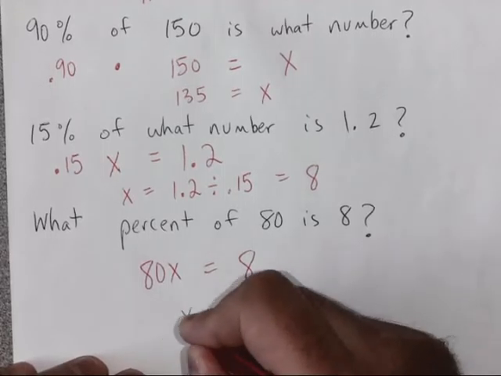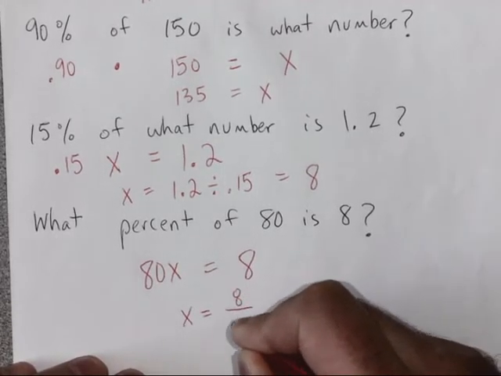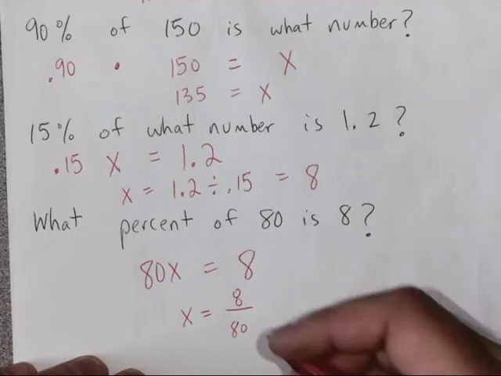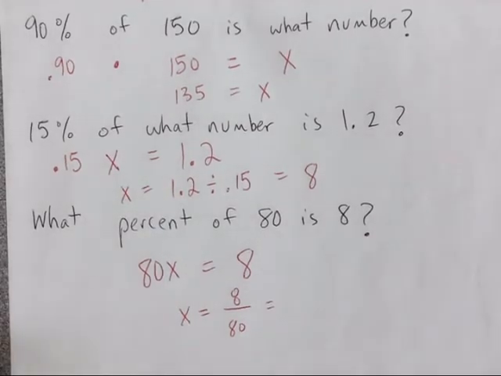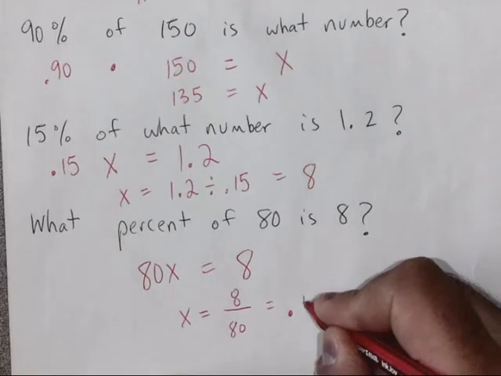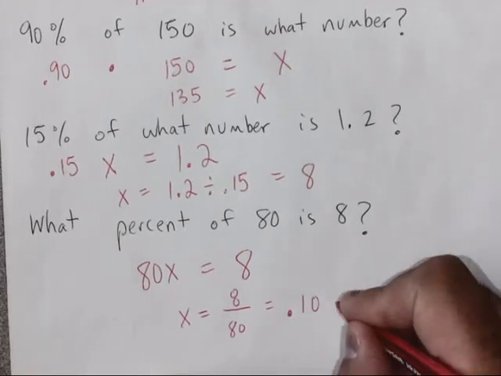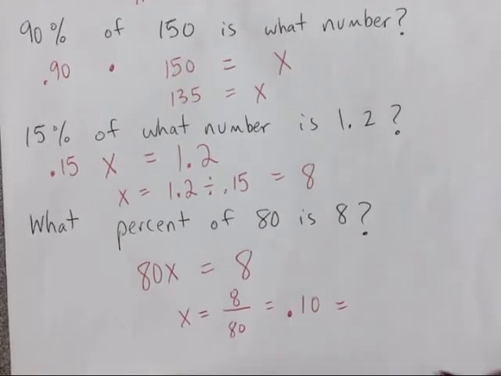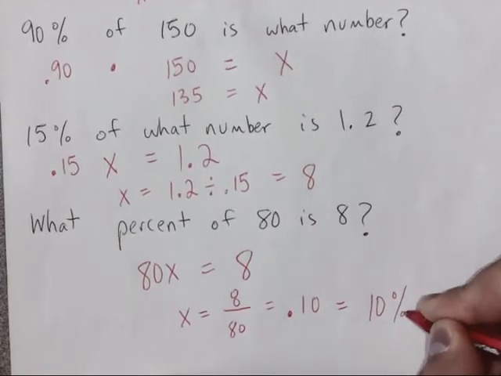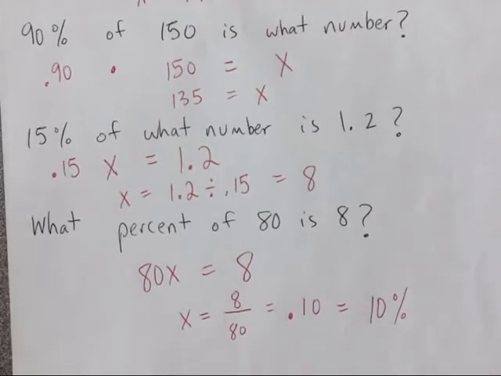So x equals 8 divided by 80, and we can convert that into a decimal, 0.10, and then make it into a percentage by moving the decimal 2 places to the right. So we're using those rules that we learned in section 9. So 8 is 10% of 80.